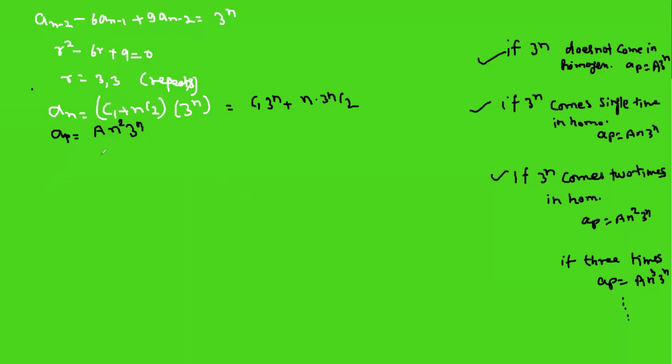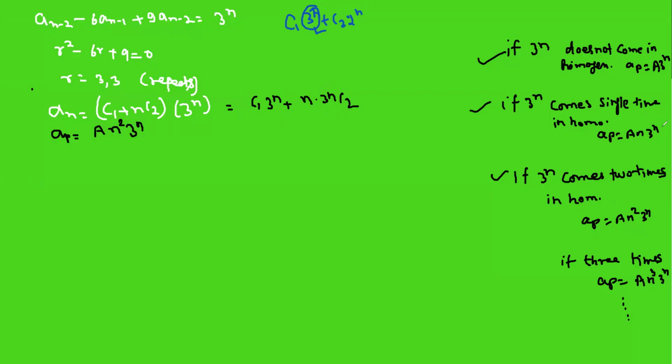See, first of all, you have to find homogeneous. Yes, very important. First, you have to find a homogeneous. If in homogeneous 3n comes twice, 2 times, then you have to use this. Like in previous question, you have seen 3n comes 1 time, right?